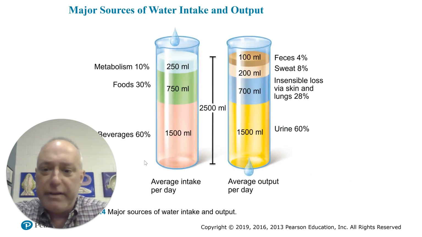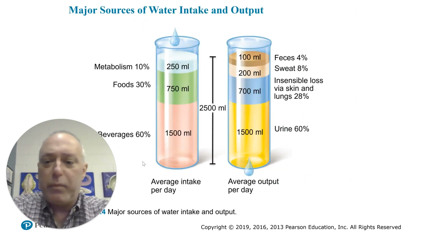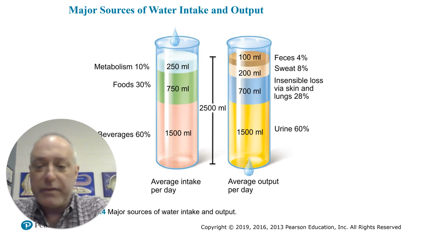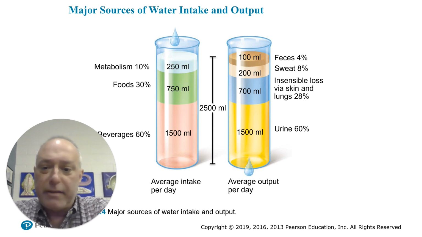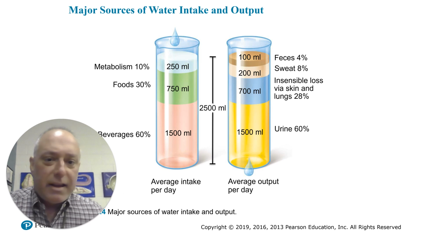Okay, so what about water intake? So most of the water that we take in is through beverages. That's about 60%, and 30% are taken in through foods, and then about 10% through metabolism. And then we lose water mostly through urine, about 60%.